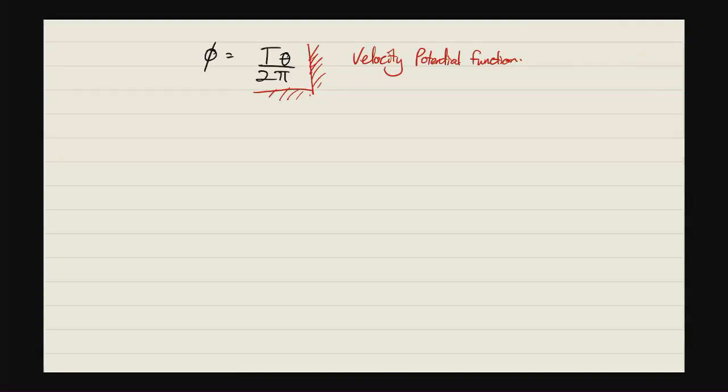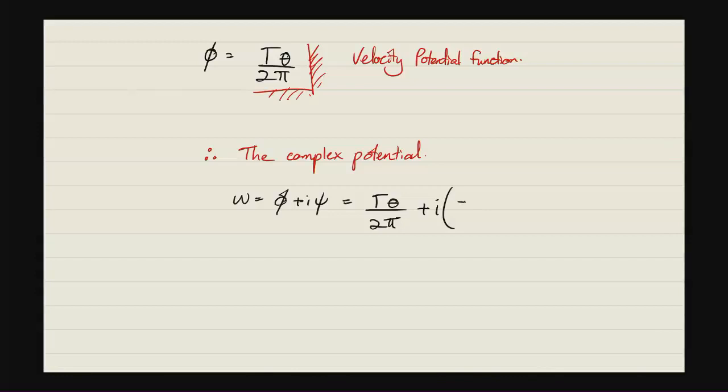So the complex potential is just W equals phi plus i psi, which is just gamma theta divided by 2 pi plus i times negative gamma over 2 pi ln r.